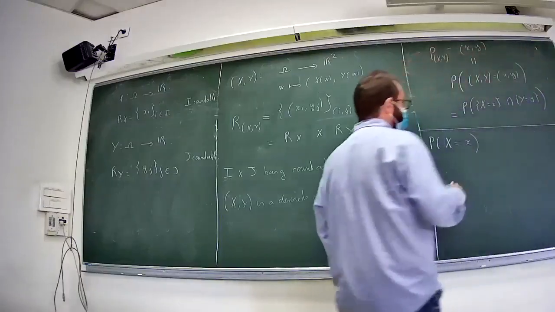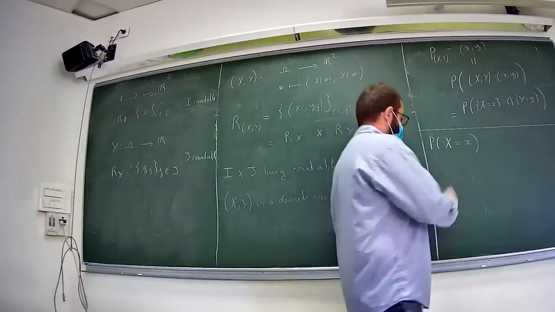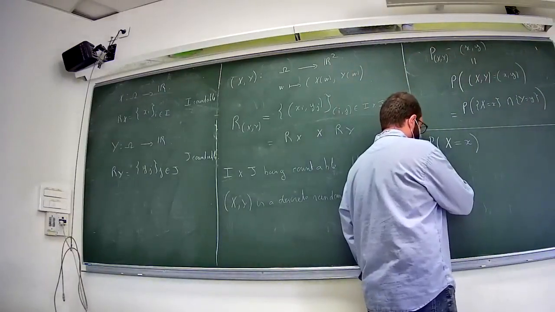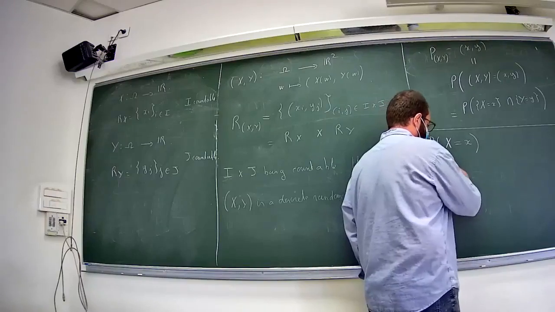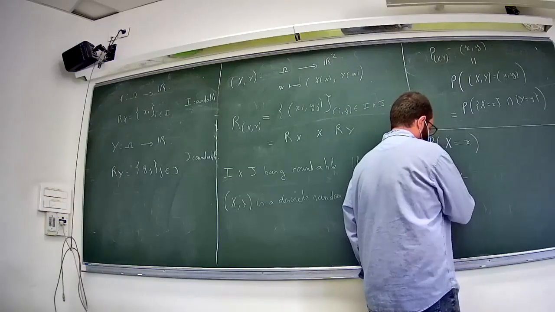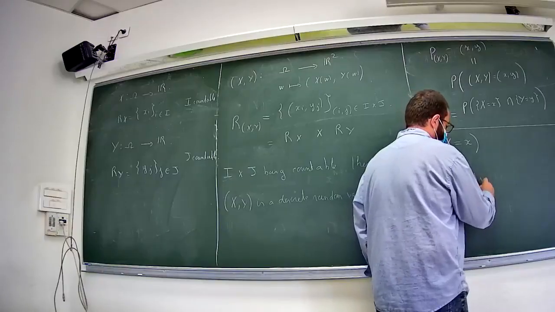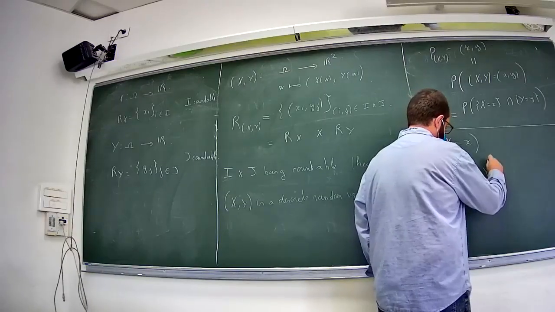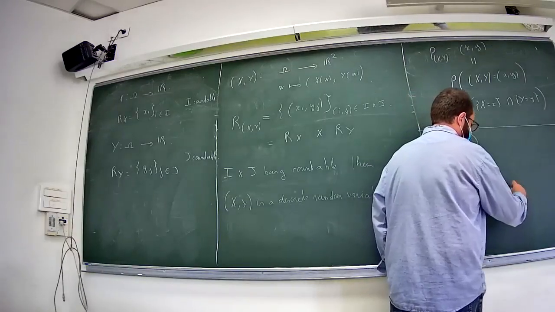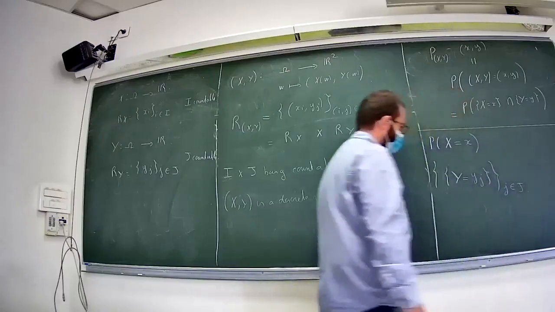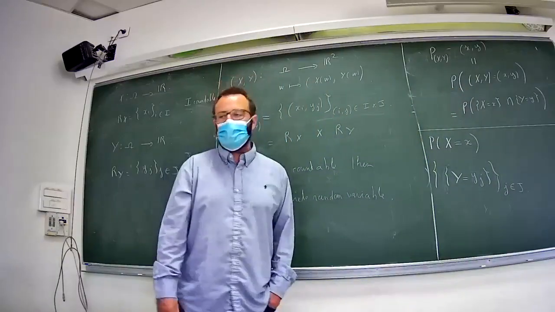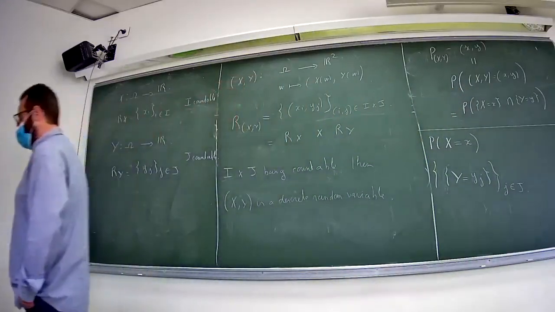So what can I say? I can say that if I consider these events here, Y equal to yj, for j belonging to capital J, what can I say about these sets?